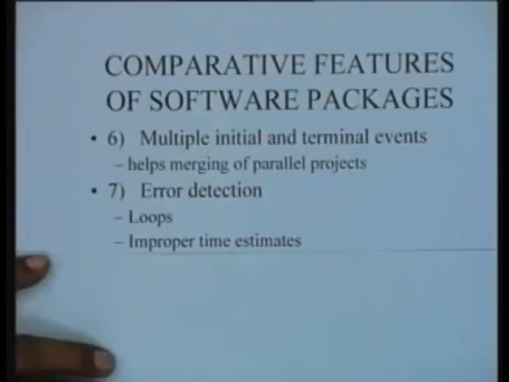And if it finds that you have keyed in data like 20 months for that particular activity, it says no, check it, something is wrong with that. So improper time estimates are those outside the normal range which you might have specified within the program, or which are available from the experience of past projects in your computer. Does the package have this facility for detecting those improper time estimates and printing out an error signal saying that there is something wrong here?